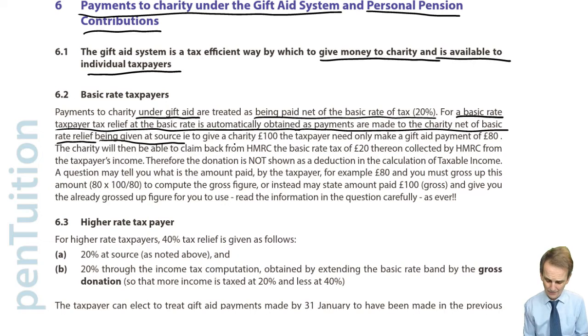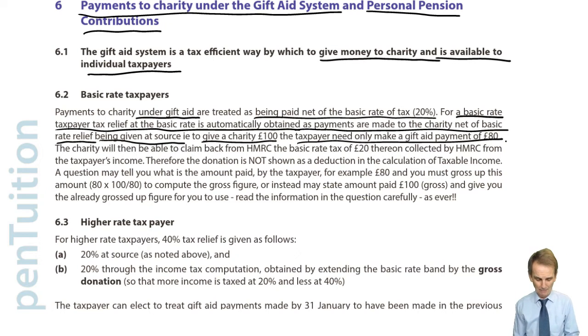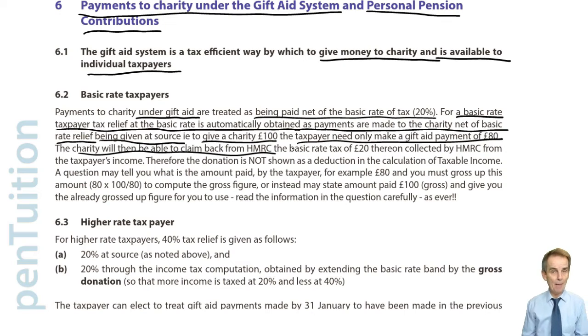To give a charity £100, the taxpayer need only make a Gift Aid payment of £80. The charity will be able to claim back that basic rate tax of £20 from HMRC and get their full £100.